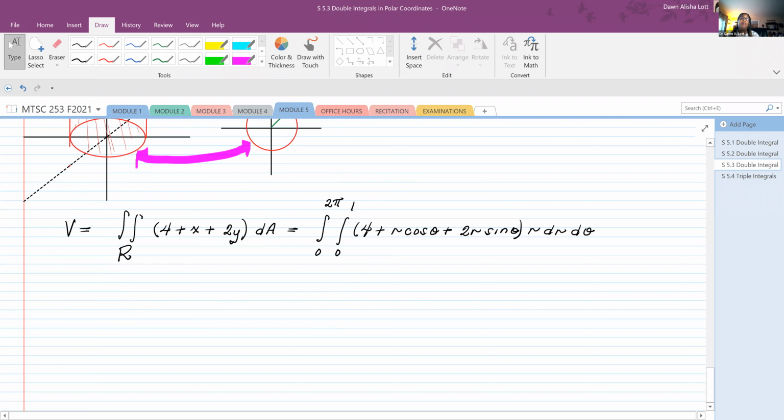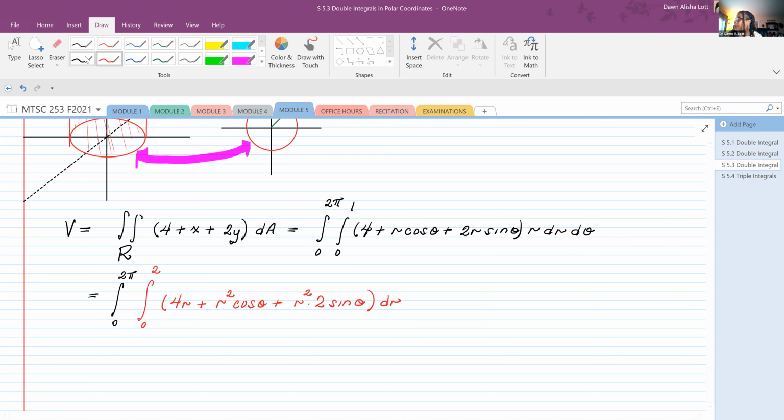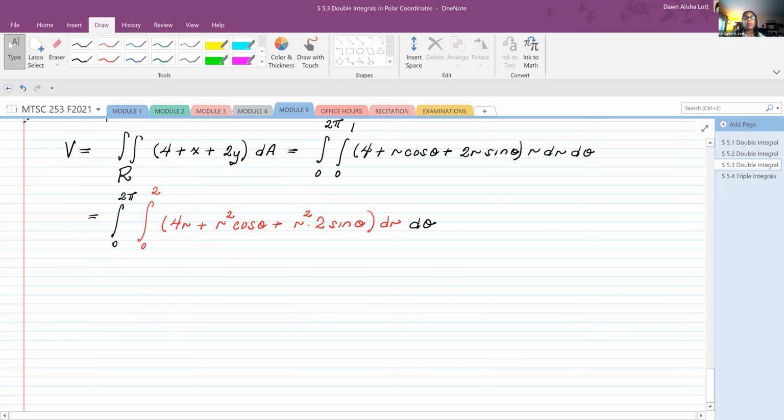So now I cannot pull this apart because I can't factor anything out. So on the inside, I have the integral of 4R plus R squared cosine of theta plus R squared times 2 sine of theta dr d theta. So I hope you see that the r was multiplied inside.